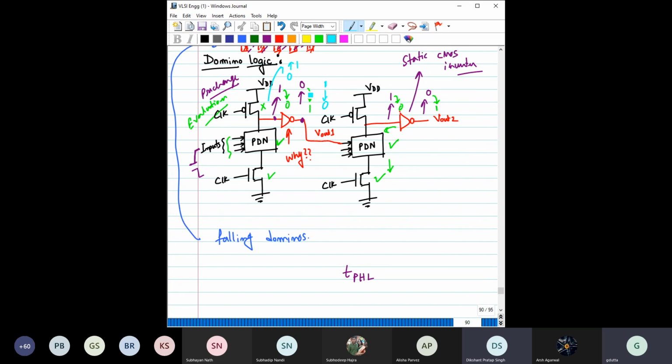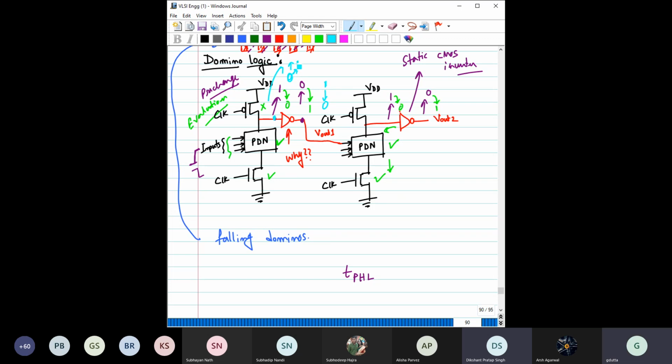When does this output go from 0 to 1? During precharge only, right? So that delay is associated with the precharge phase. Think about it: during the evaluation phase, can you make this node voltage change from 0 to 1?